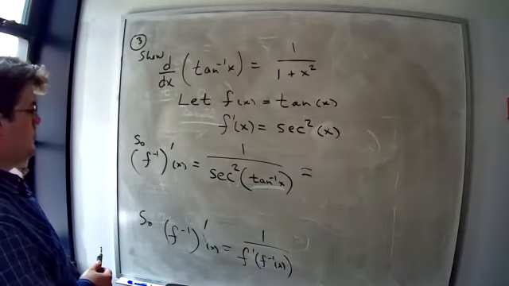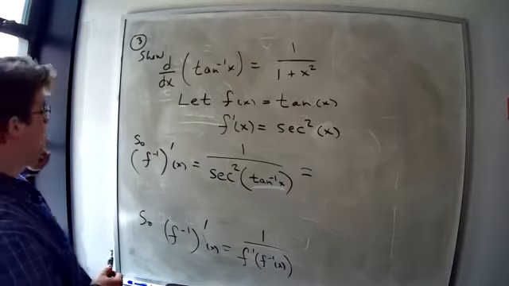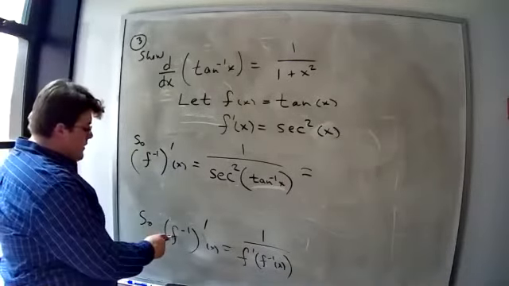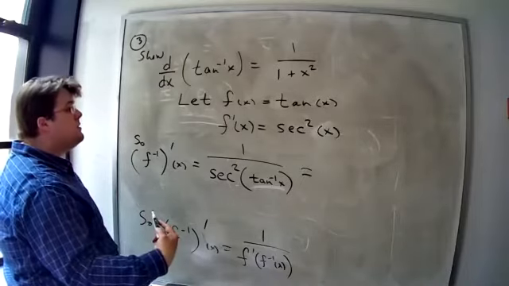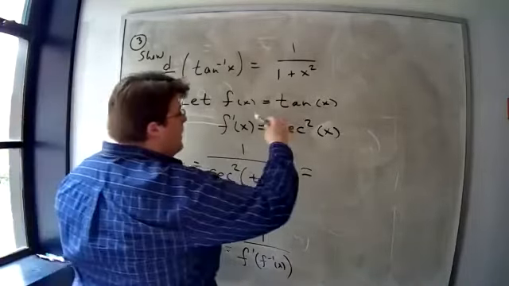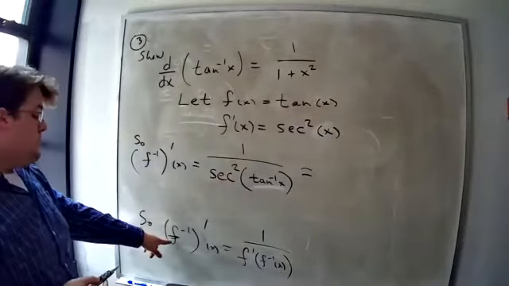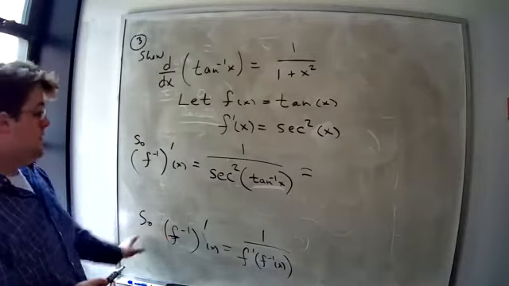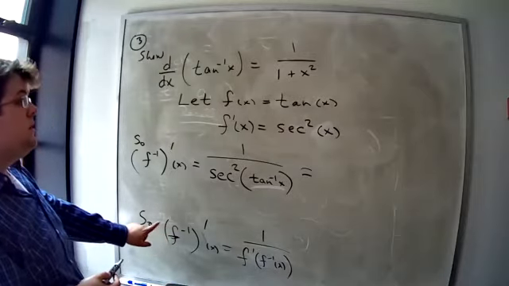Yeah, how did you get tangent of x for f of x when it's inverse? Because we're going to use a formula. This formula down here gives us the derivative of an inverse function. So we're taking the derivative of the inverse of tangent. So if we let f of x be tangent down here, then this formula will give us the derivative of the inverse tangent.